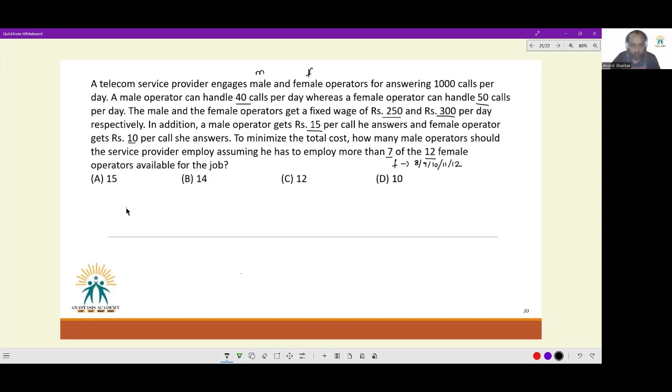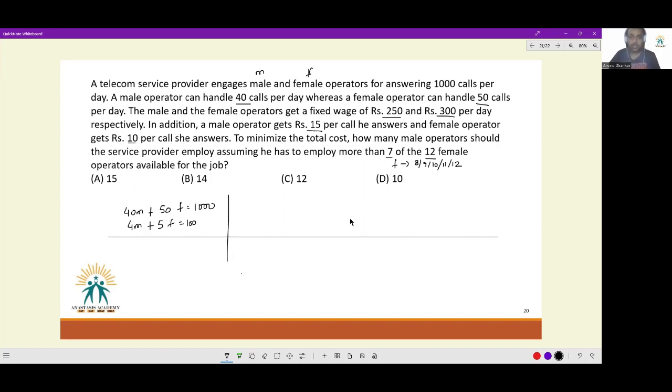So we have two equations created. 40M plus 50F is equal to 1000. Or I can simply reduce it to 4M plus 5F is equal to 100. This is the first constraint.